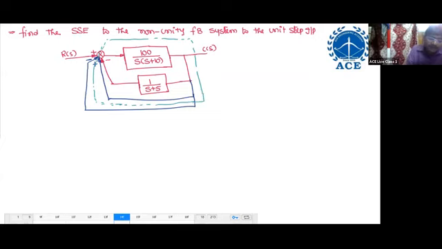So what will I get? R of S. Or directly you solve it. Why draw the block diagram? You write GE of S.